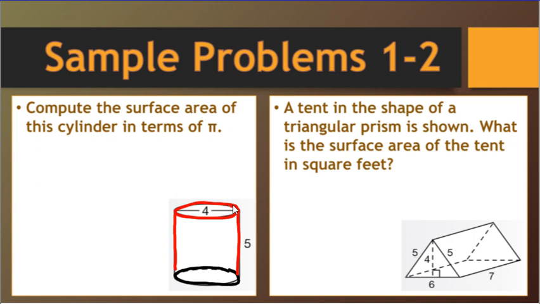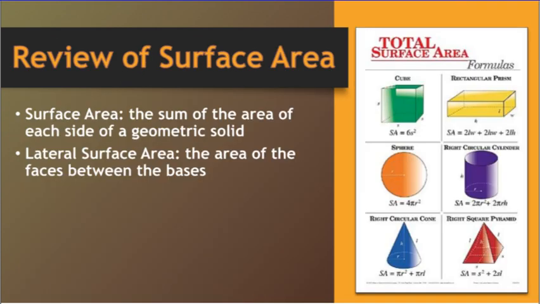If we went back to the previous slide, here you can see I have a right circular cylinder. The formula to find surface area would be 2 pi r squared, which means I have two circles, and the area of a circle is pi r squared. And then I would add that to 2 pi r h.